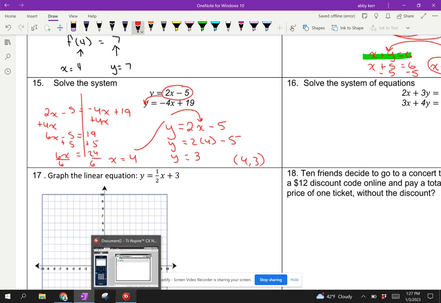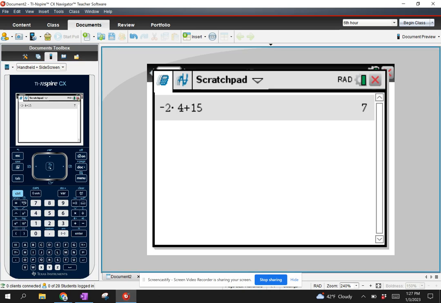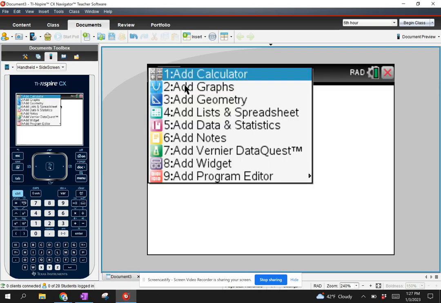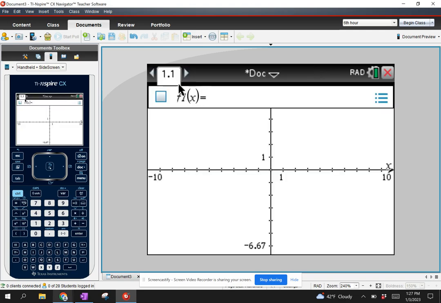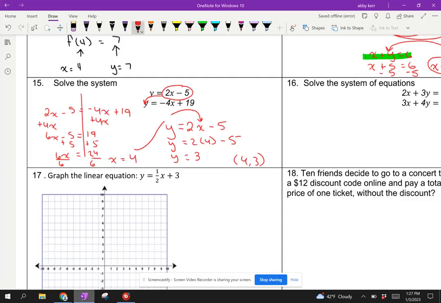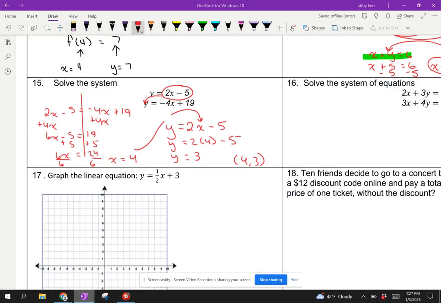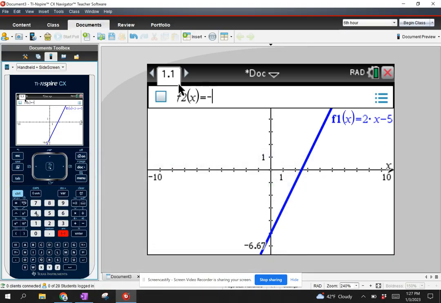Now if you want to do it in the calculator by graphing, that is totally acceptable. All you want to do is go to New Document, Add Graph. So my first equation was 2x minus 5. Hit tab for the new equation, and then negative 4x plus 19.